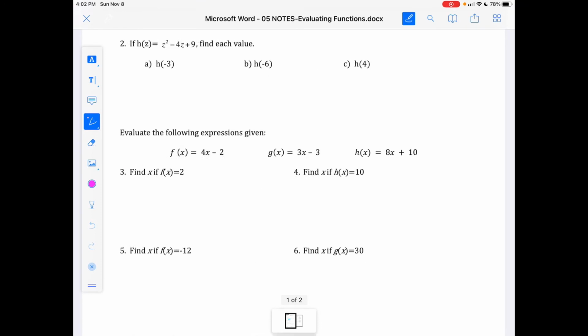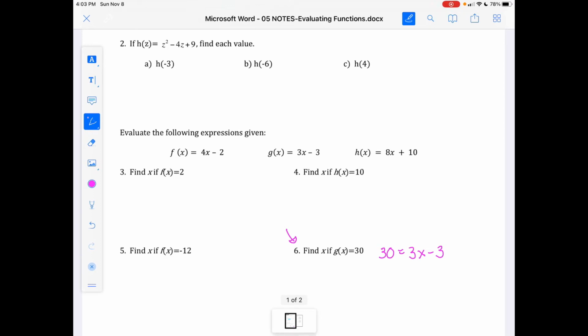If we look at problems 3 through 6, we're given different functions, f of x, g of x, and h of x. Let's look at 6. Now we're asked to find x if g of x is 30. So in this case, we're replacing g of x with 30.